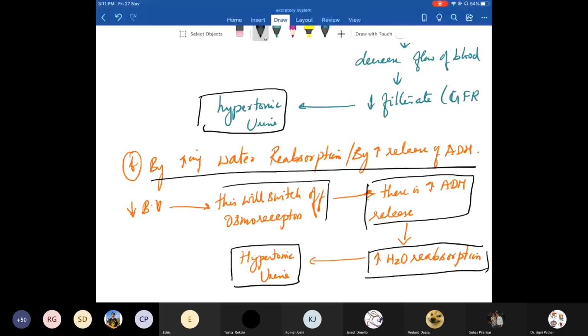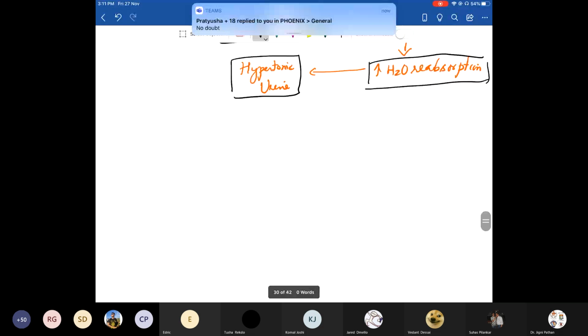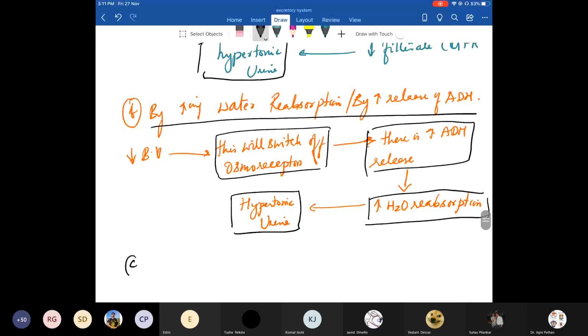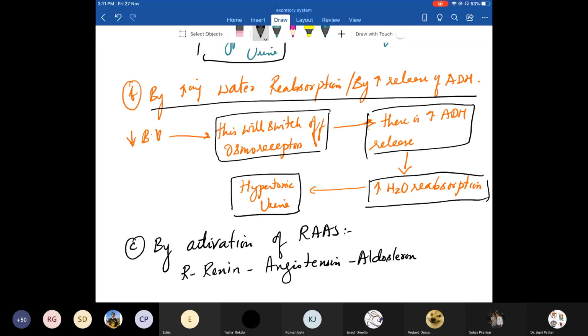Okay, please write this down. The second method is by activation of RAS. R is renin, angiotensin, and aldosterone system.